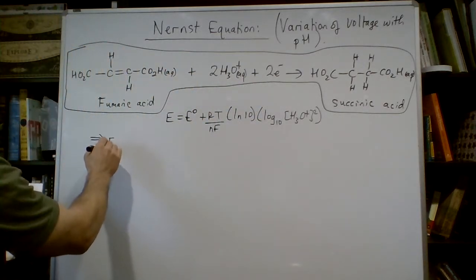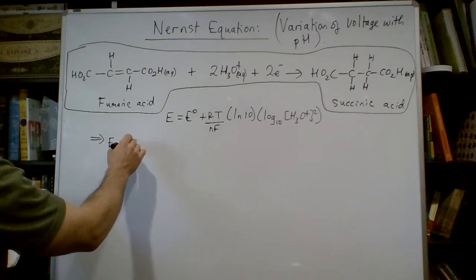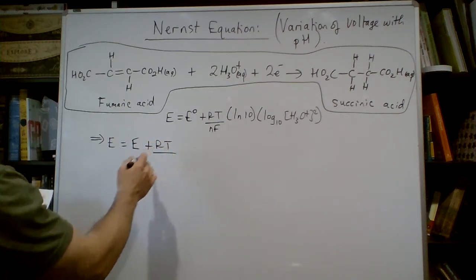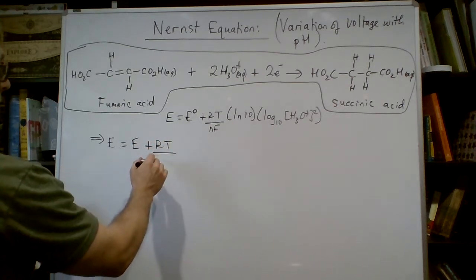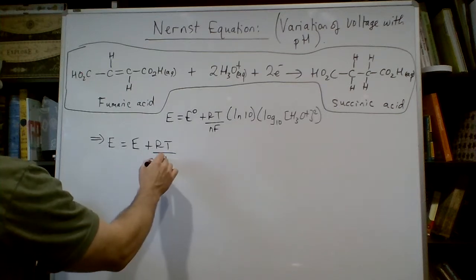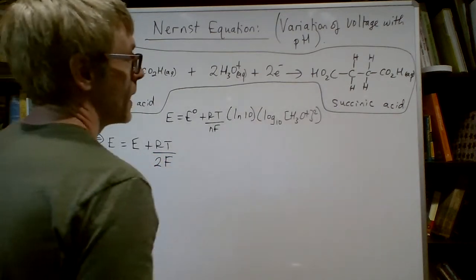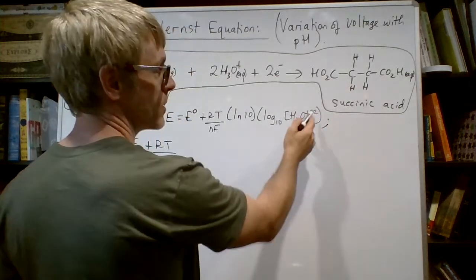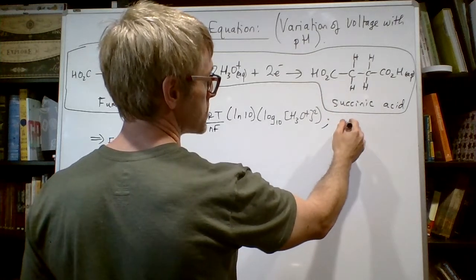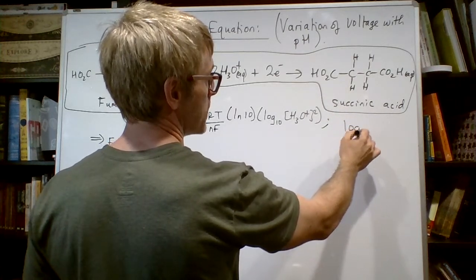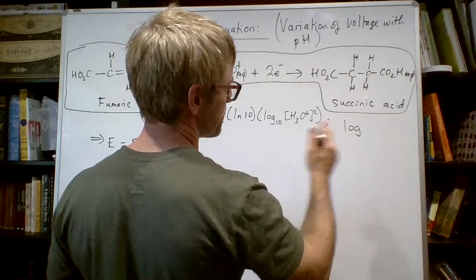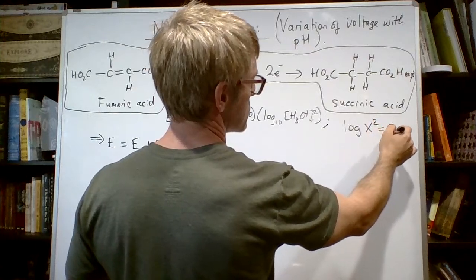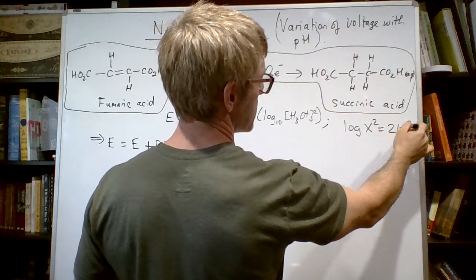So we have E under non-standard conditions is E under standard conditions plus RT over nF. Well, here n is 2, so 2F. But then also, we can do something about this exponent 2 here. We know from our log rules that log of any base of x squared is just 2 log to the same base of x.